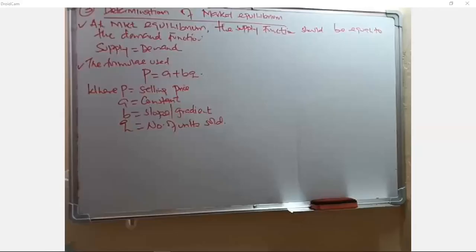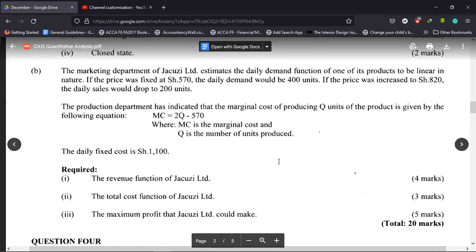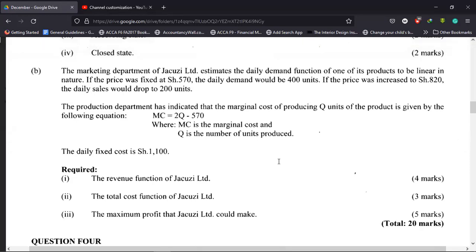So the question rather is on 2021, and it should be question 3B. The question of the marketing department of Jacuzzi Limited, you can just read for me, please. Is the question there with you?